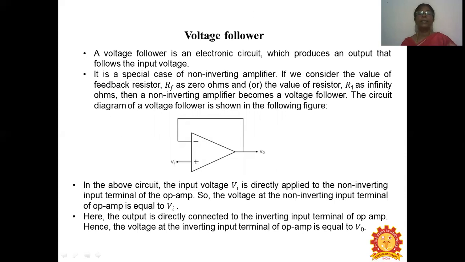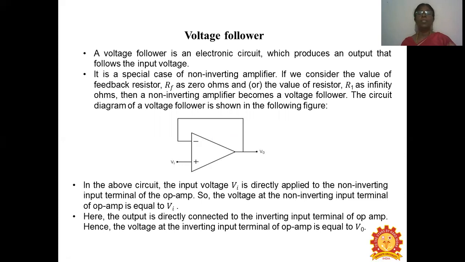Next one, voltage follower. This is the circuit representation of a voltage follower. The output is connected to the inverting input of the op-amp, and the non-inverting input is connected to one voltage source. Voltage follower is nothing but an electronic circuit which produces an output that follows the input voltage.